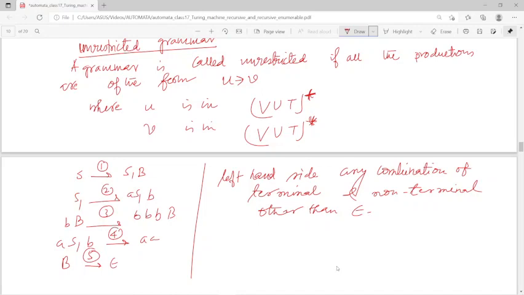That means a Turing machine is not designed to accept the empty language, right? Whatever be the thing, what I want to say is that that is the unrestricted version of the grammar. That means there are no restrictions on the production rules, whether the left hand side will contain terminal or non-terminal or whatever. So that's all.